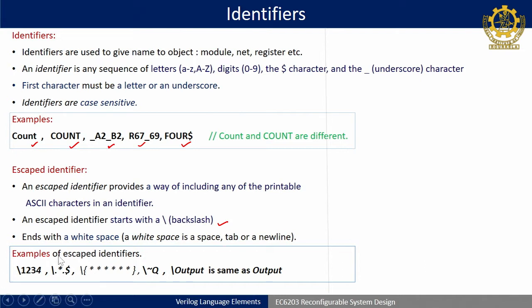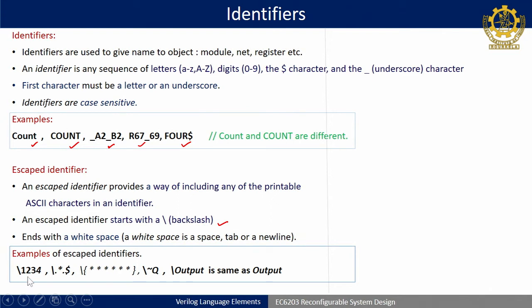Your examples are like backslash 1 2 3 4. If you start with a backslash, after that you can put 1 2 3 4. This is treated as an escaped identifier, and these are allowed. An identifier can't start with a number, but if you use an escaped identifier, then it is allowed.